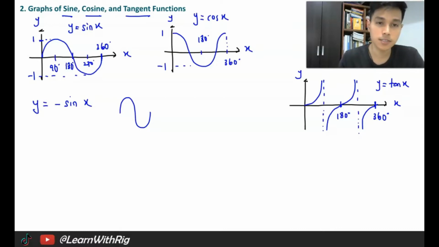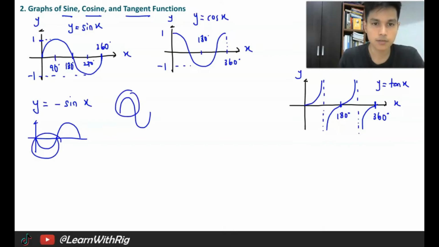What the negative does is turn the positive side into negative and the negative side into positive. So it becomes like this. Originally the positive side now becomes the negative side, and the negative side becomes the positive side. The amplitude is still the same, still 1, negative 1.